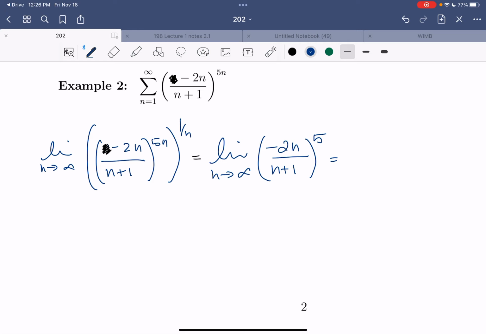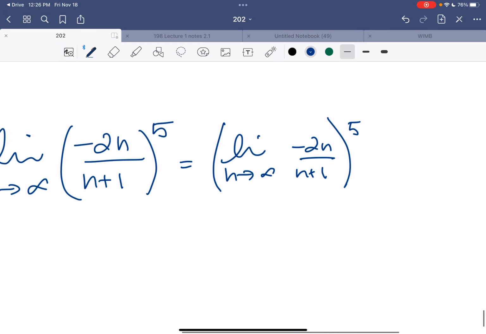And we're allowed to take the limit of what's inside first. So this is the same as taking the limit as n goes to infinity of negative 2n over n plus 1 and raising our answer to the 5th power. That's one of our limit laws. And when I take the limit of what's inside here, this is a polynomial over polynomial. So this is negative 2. So negative 2 to the 5th is negative 32.